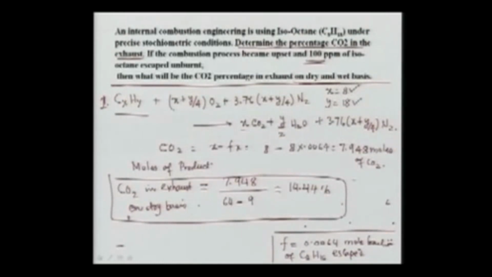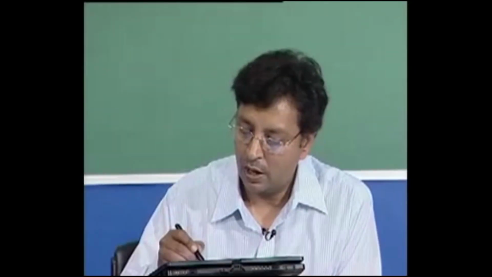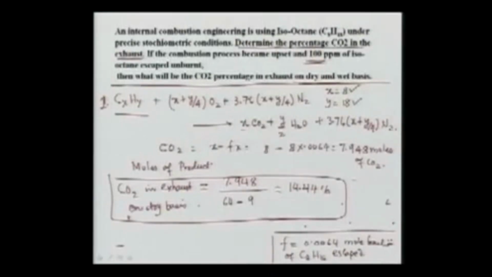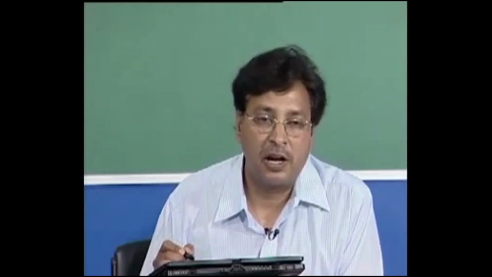What is the difference that we have done? We are not considering the water, and that has the 9 moles. Where is the 9 moles coming from? Y by 2. Y, what is Y? Y is 18. 18 by 2 is 9. So in the exhaust, we are not considering the moles of water, so whatever the concentration, that will be on the dry basis.